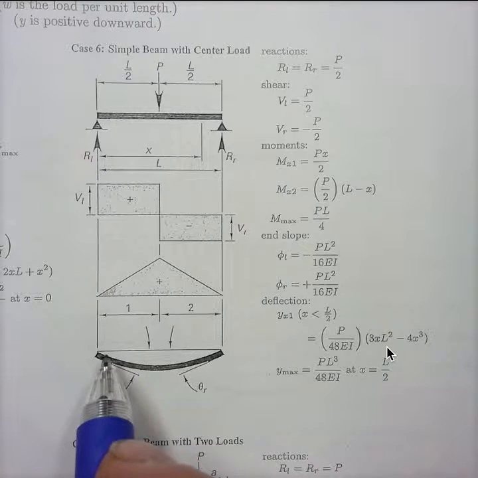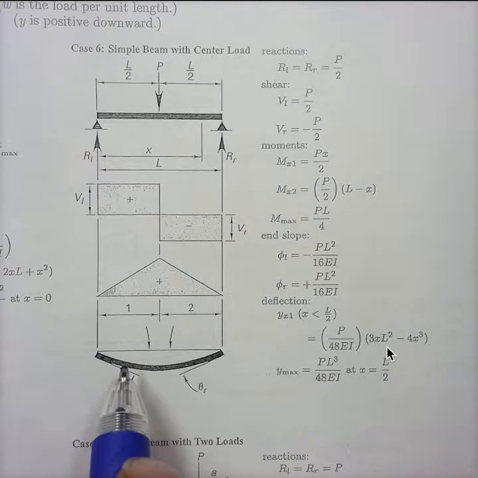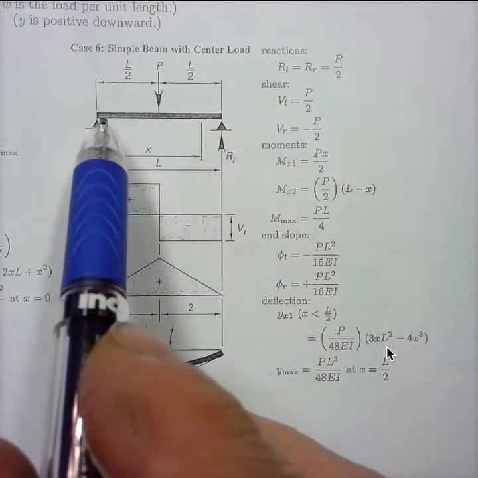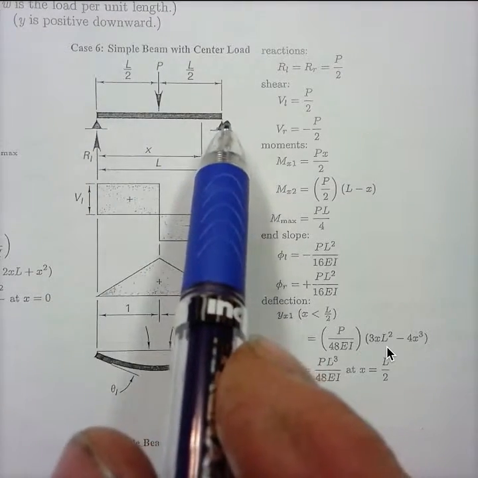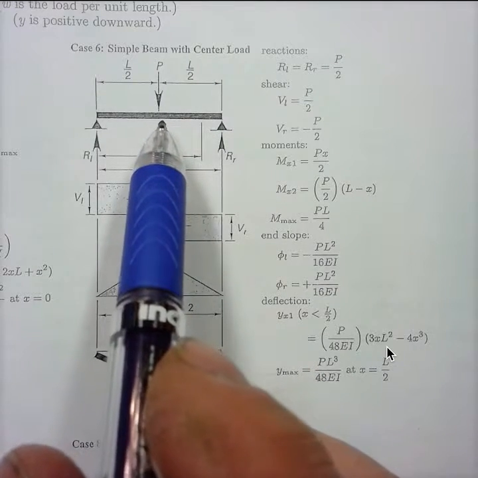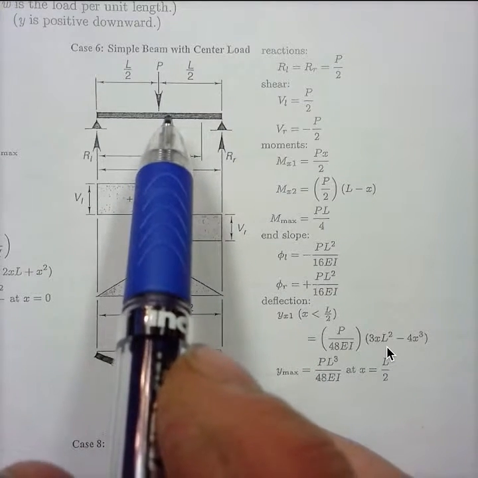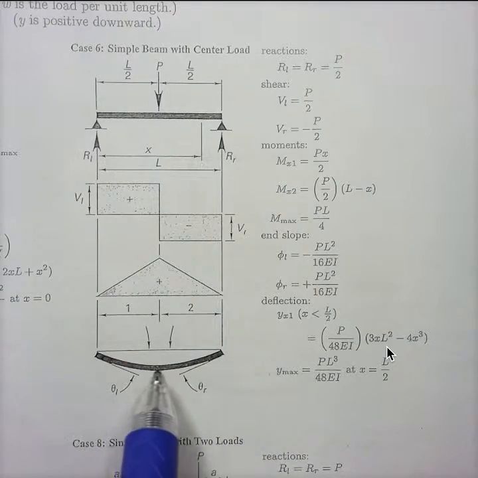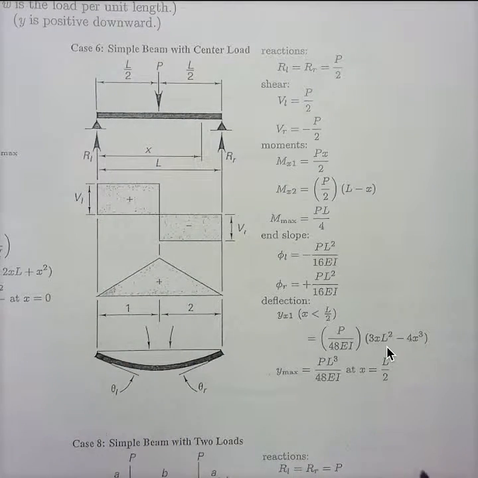The next thing we see is something called the elastic curve. And the elastic curve is really what shape does this beam take when the load is applied and it is allowed to deflect. So this is really about the deflection. So this is the shape that it would take.